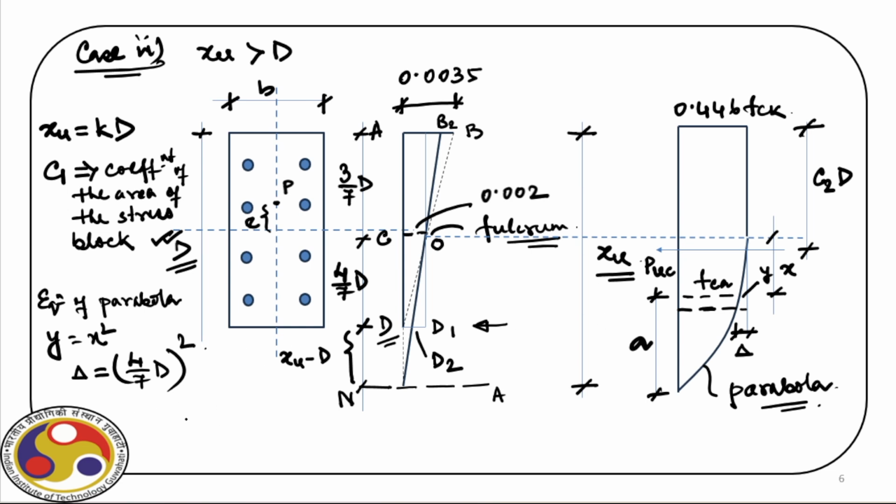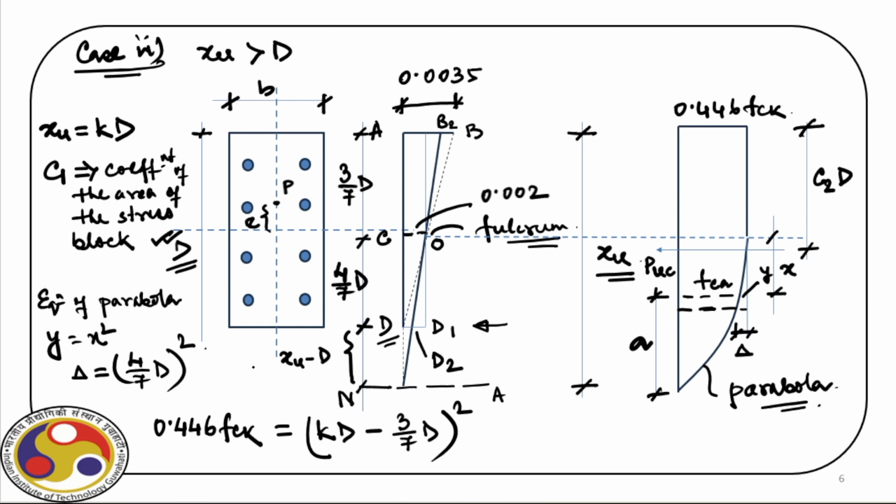Now we have another relation, so we have 0.446 FCK, which is equal to KD minus 3/7 d whole square. Notice this KD is equal to XU minus 3/7 d is the remaining part, that is 4/7 d, right?